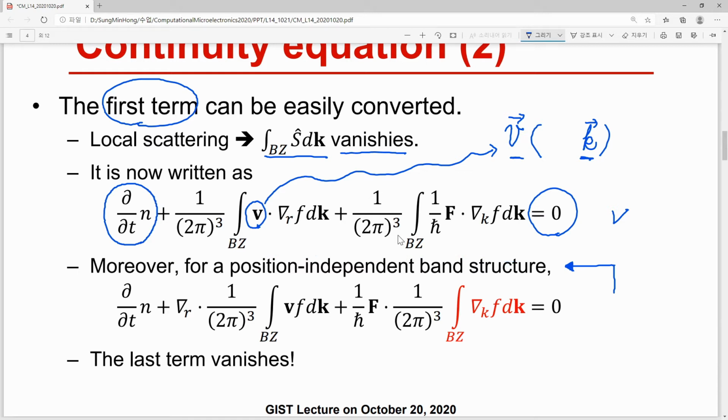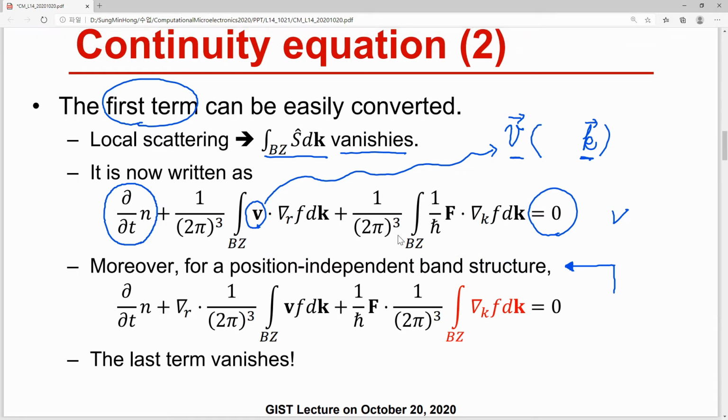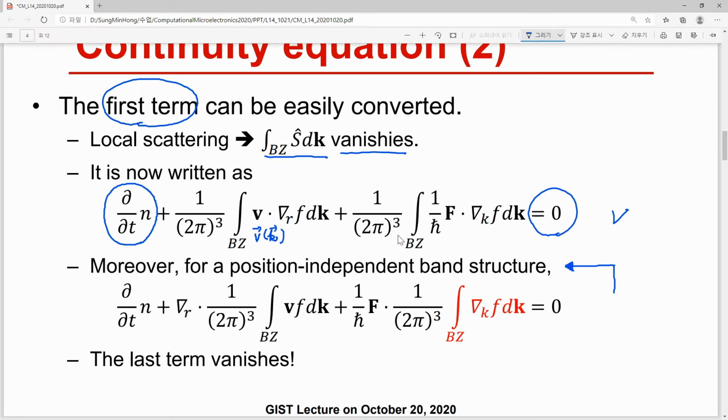That is quite understandable. And if we are considering just silicon devices, then it is really okay. Of course, if we are working with heterogeneous devices, then that will make certain difficulties. But if we are talking about homogeneous silicon devices, it's okay. So why do we introduce such an assumption? Why do we abandon generality? If we introduce position independent velocity, then here we have a real space derivative.